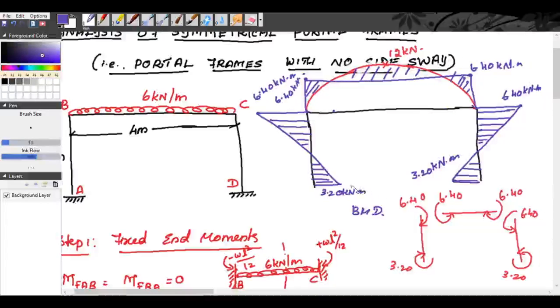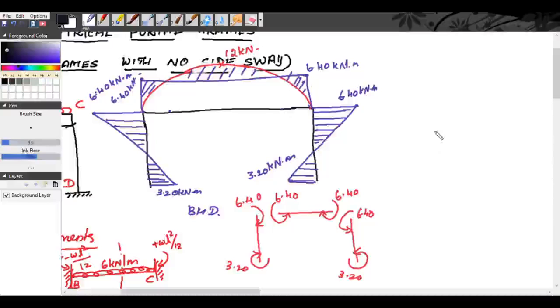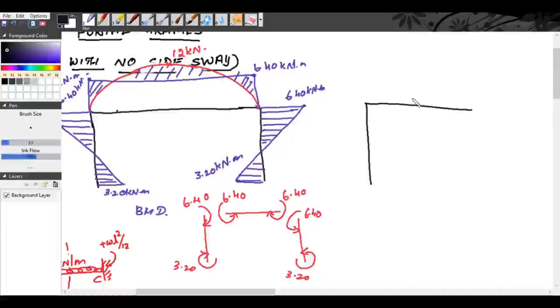Now how will we draw the deflection diagram from this? Here there is a change from positive to negative, and negative to positive.